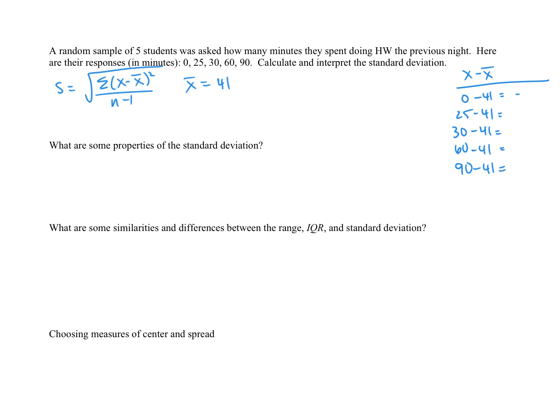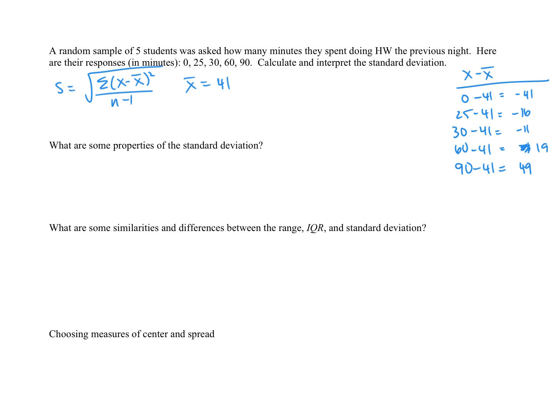We end up with negative 41, negative 16, negative 11, 21, and 51. No, not 51, 49. Should it be 19 instead of 21? Does that look better? Thank you.